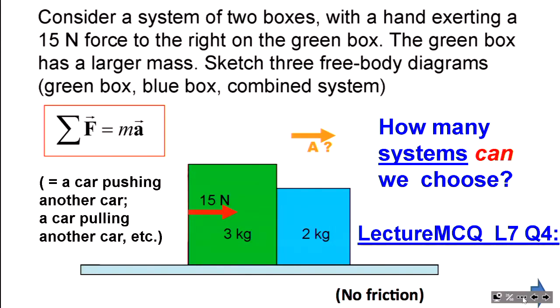Any way we like. So the answer: a system is anything we want it to be. We want it to be this, we make this a system. We want it to be that, we make that our system. That's what we are interested in right here, right now, and we can make the whole system made of both boxes together.